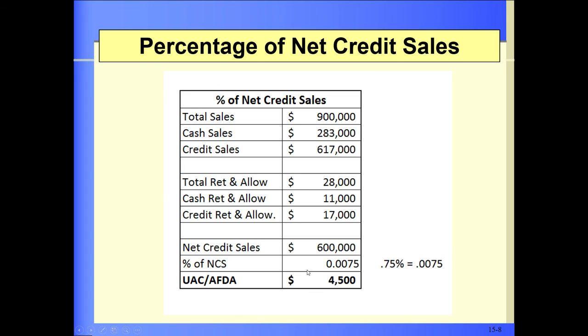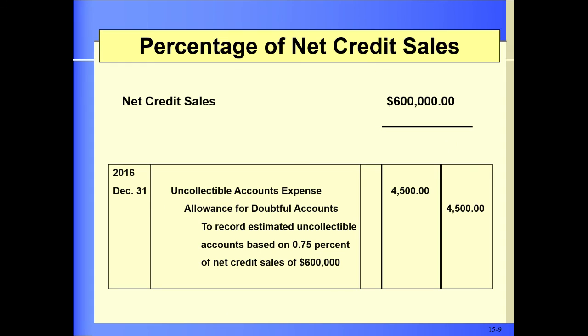Now in this method, we do something slightly different than we did in the prior two methods. This amount of $4,500 is what is going to be added directly into the allowance for doubtful accounts and into the uncollectible accounts expense. We are not going to be concerned with whether there is a prior balance in allowance for doubtful accounts. We are simply going to add that directly into the two accounts with the same journal entry that we did in the past.